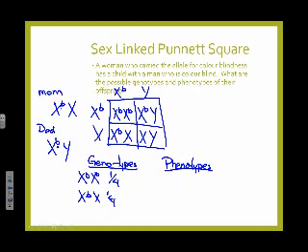Okay, someone other than Whitney? XBY. And what's the ratio there? Yeah, 1 out of 4. Okay, and what's the last one? XY. You can't answer any more for this question, Whitney. And what's the ratio? 1 out of 4. All right, Taylor, you're out too.